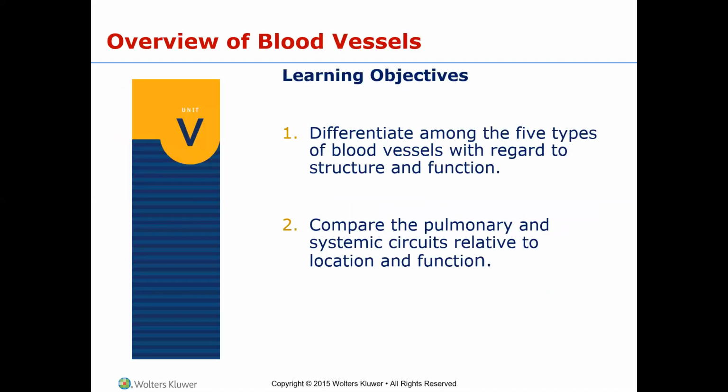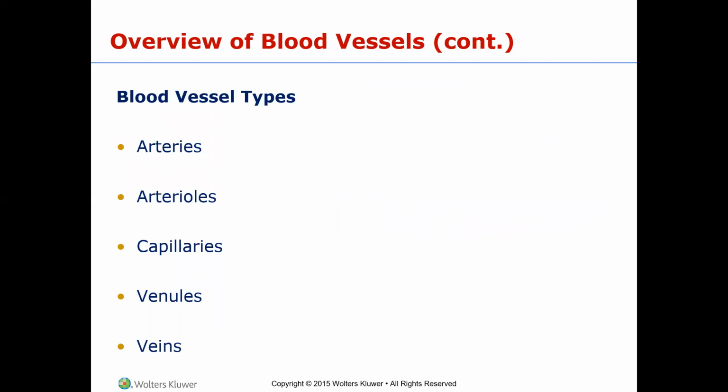Okay, so when we look at the different types of blood vessels, the 5 types and their structure and function, and comparing the 2 different circuits, the pulmonary and the systemic, let's just kind of look at that.